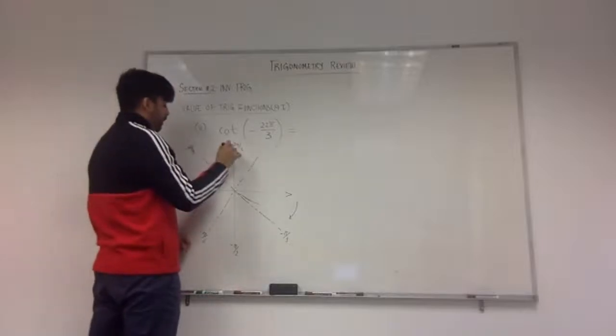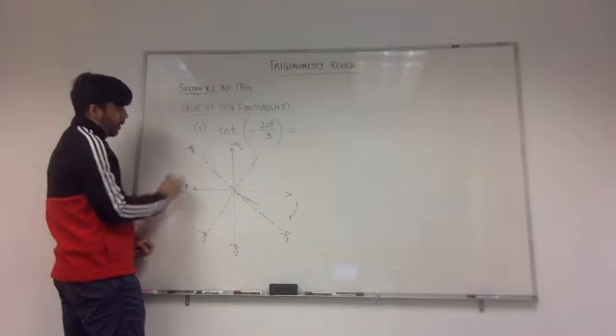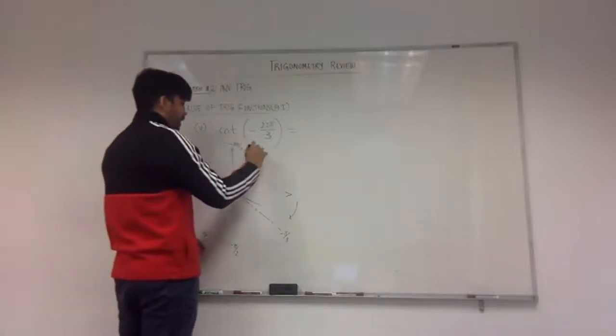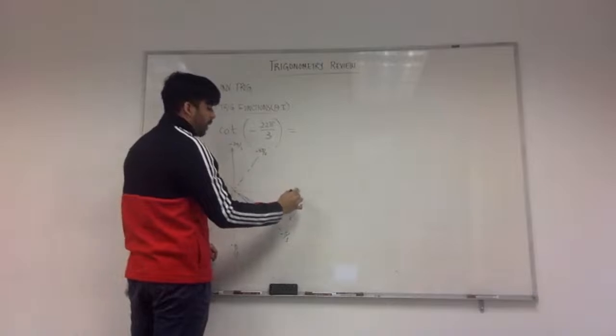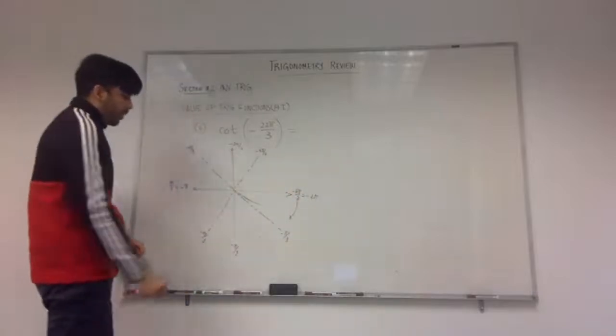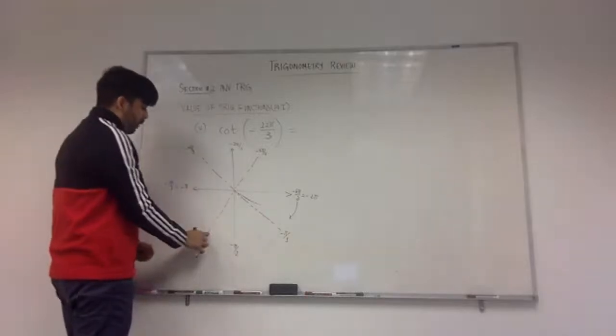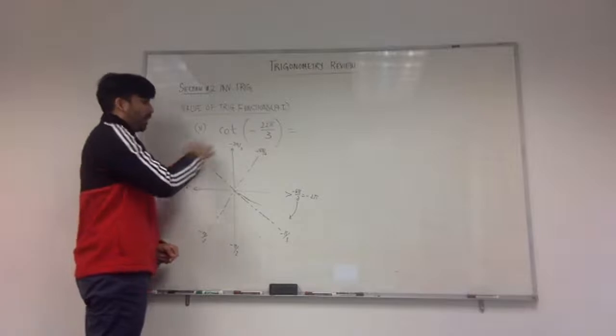This is negative 5 pi over 3. And this would be negative 6 pi over 3, which equals negative 2 pi. Do you see that? So this is negative pi over 3, negative 2 pi over 3, negative 3 pi over 3, which is negative pi, negative 4 pi over 3, negative 5 pi over 3.